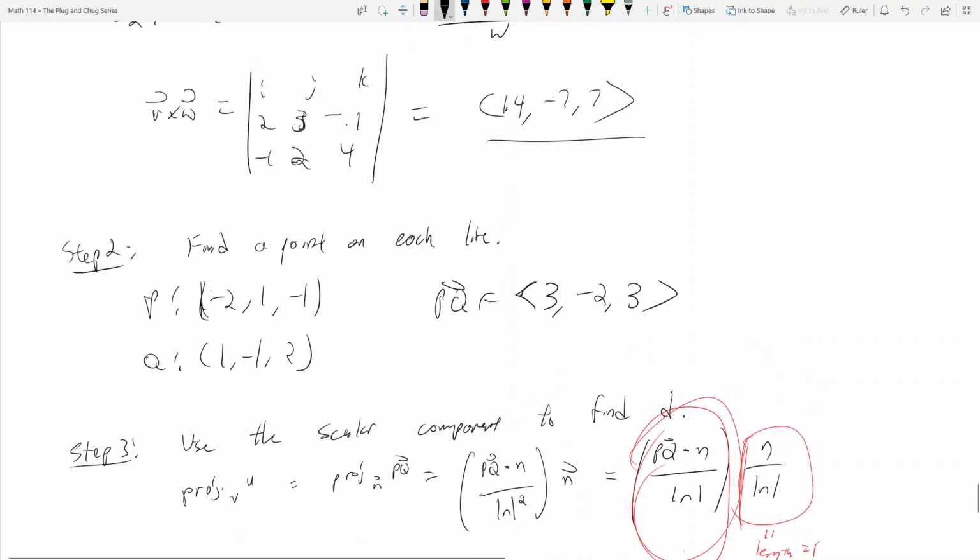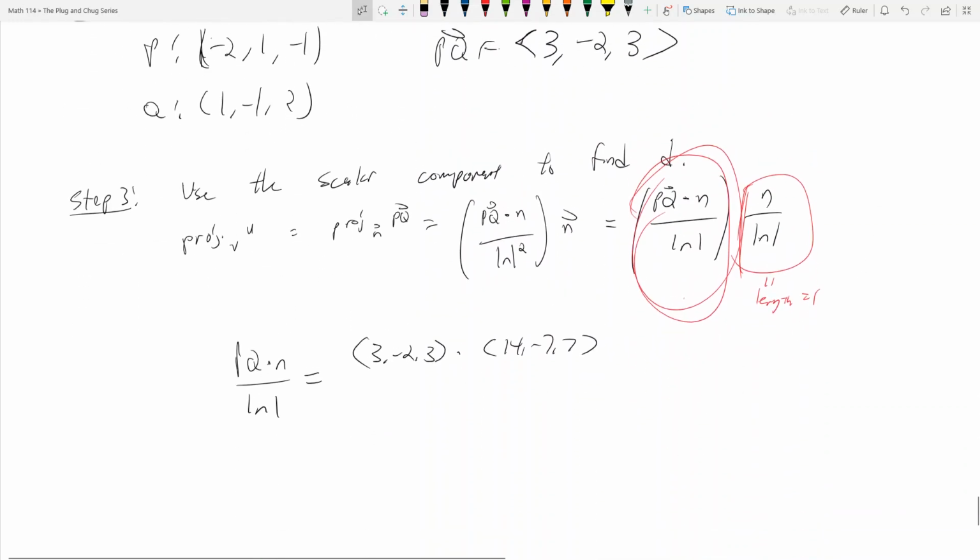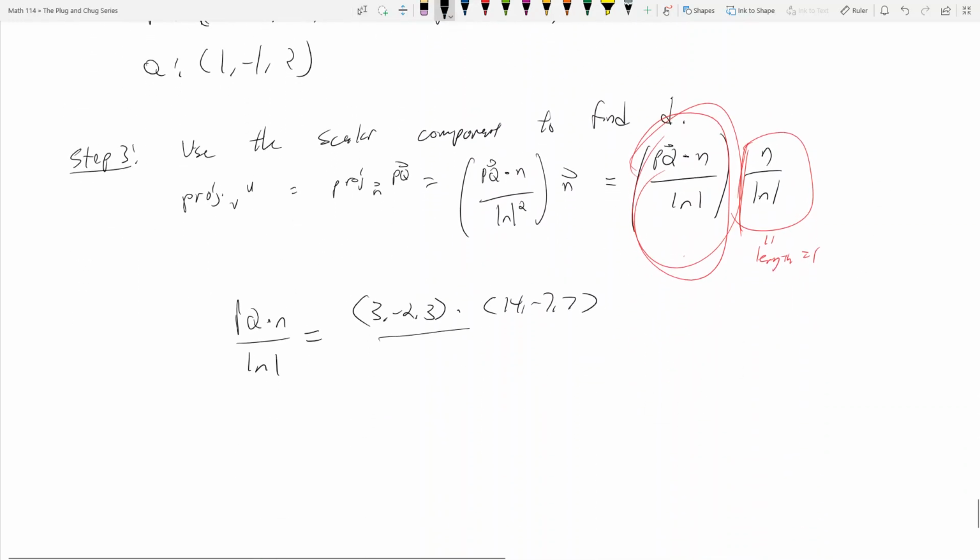That's the normal vector n. And we want the magnitude of n, which is the square root of 196 plus 49 plus 49.